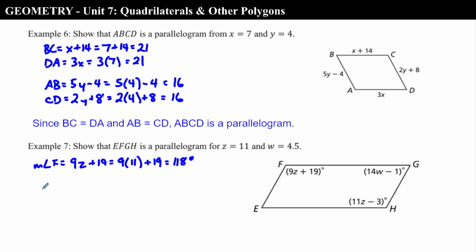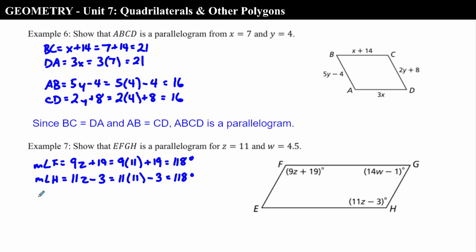The measure of angle H should be the same thing, 11z minus 3, because we know that those are opposite angles. So 11 times 11 minus 3, that's 121 minus 3, gives us 118 here as well.